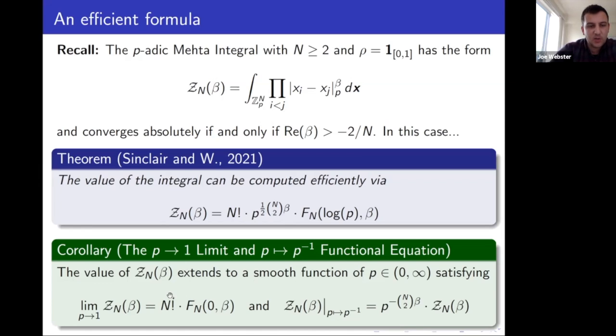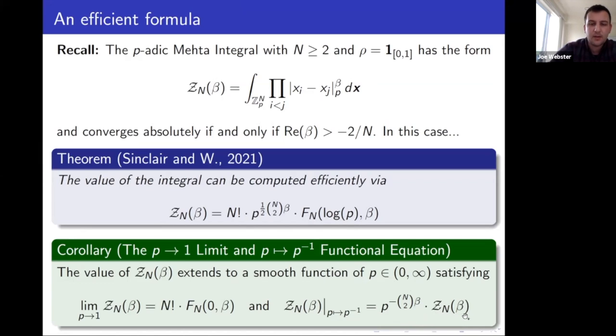It is easy to determine its limit as p goes to 1. And you can also get this nice p to p inverse functional equation. That comes straight from the evenness of fn in its first component here. So when p is replaced by p inverse, this log becomes negated, and the evenness of fn takes care of that. So this is a pretty straightforward consequence of the theorem above.